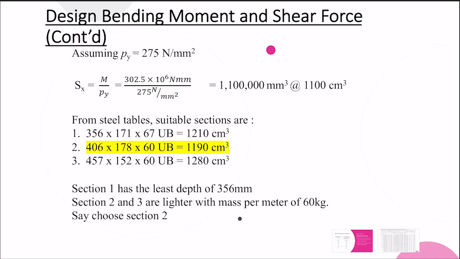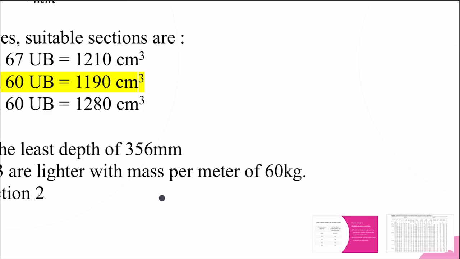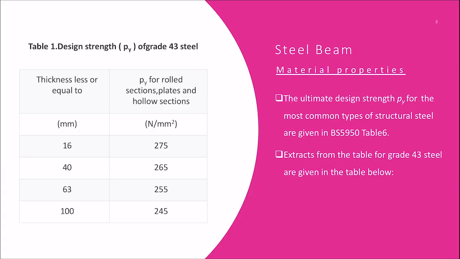Okay, next we are going to find the suitable section for the loading that we calculated earlier. First of all, since we don't have the value of T, because we know that in order to get the value of PY, which is the section steel strength, we don't know the thickness T. We don't know the value, therefore we don't know PY because we don't have a section yet, right?